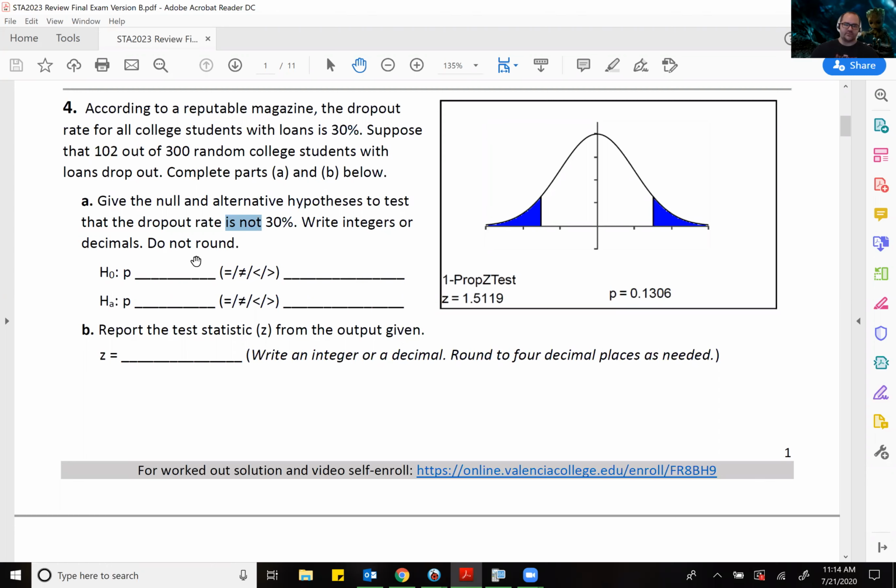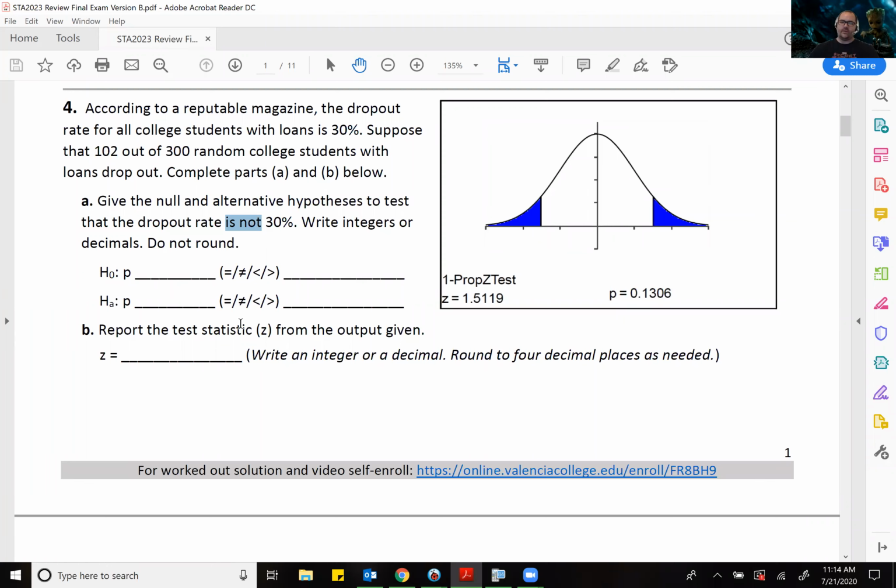Equals is always reserved for H naught. So we're going to do the not equals. Whenever you say something is not that, what you're really saying is not equal. This is another way of saying is not equal to. So we're going to choose the not equal. And again, in the blank, you're going to put the 0.30.